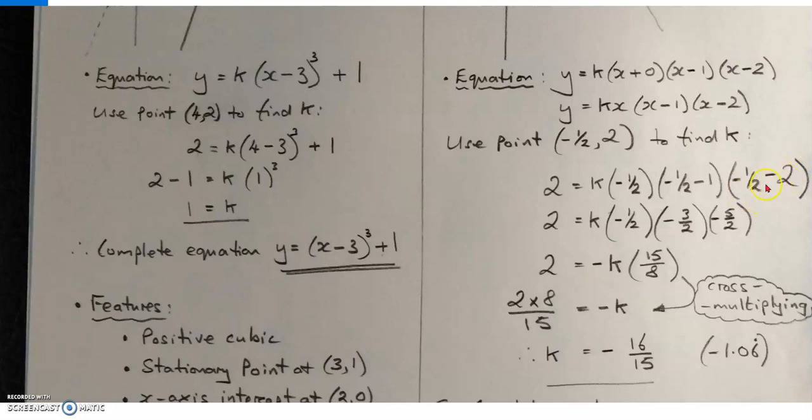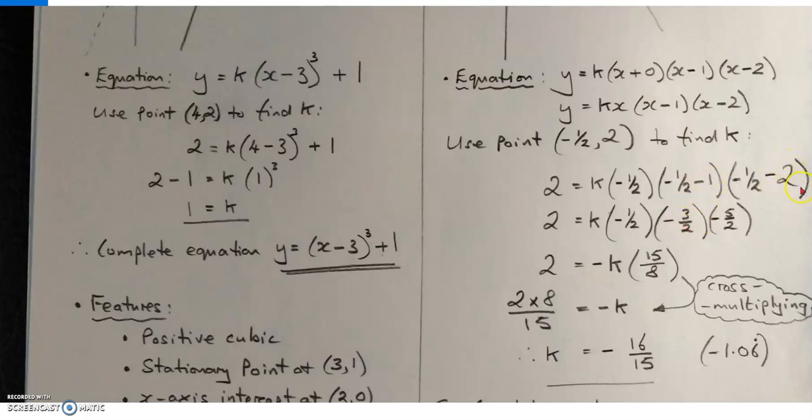Now, let's do this one first. -1/2 minus 1 is -3/2. You can think of -1 as being -2 halves. So you've got -1/2 minus 2 halves is -3 halves.